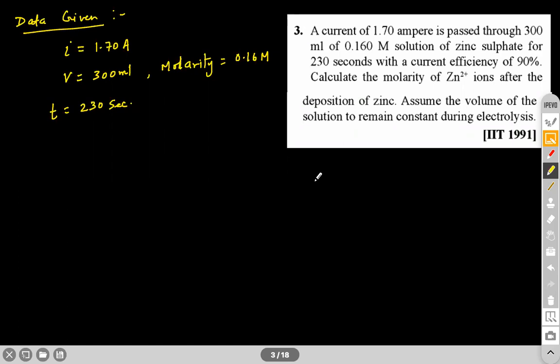In that way, the concentration of Zn2+ in the solution changes, and hence the molarity also changes. So we need to find the molarity when deposition of zinc takes place.